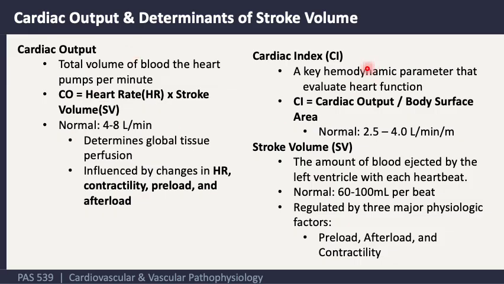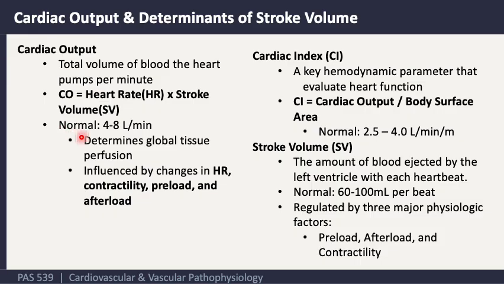So, cardiac output is actually the total volume of blood the heart pumps per minute. There is a formula that goes along with cardiac output, which is heart rate times stroke volume. And stroke volume is the amount of blood ejected by the left ventricle with each heartbeat.